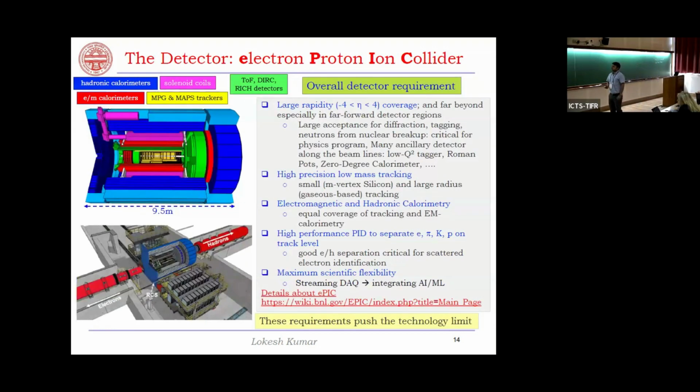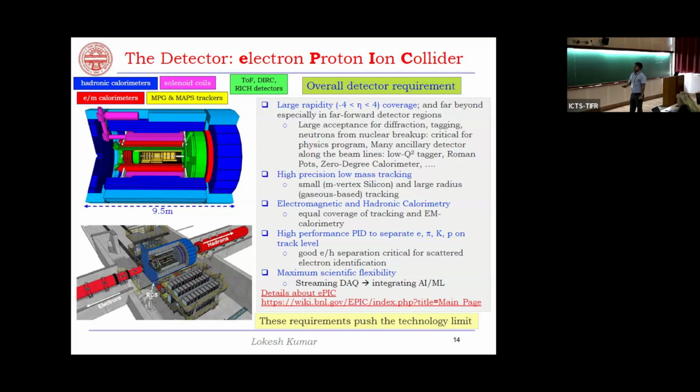Then coming to the detector part, the detector for the electron-proton-ion collider. The basic components are listed here: hadronic calorimeters, electromagnetic calorimeters, solenoid, tracking devices, and PID detectors. The overall detector requirement is very stringent based on the physics of EIC. We need large rapidity coverage, high precision, low mass tracking, electromagnetic and hadronic calorimeters having equal coverage with tracking, and high performance PID to separate the basic particles.